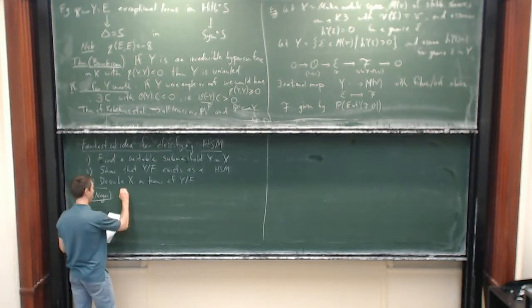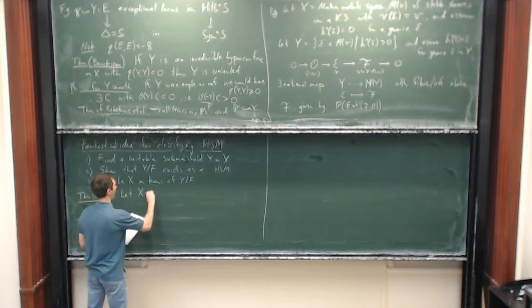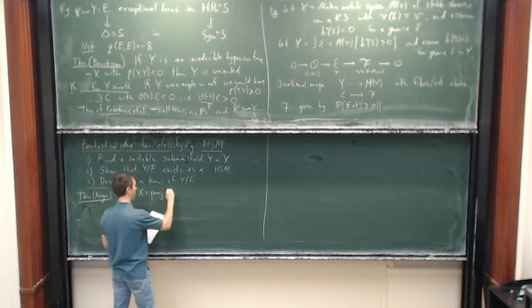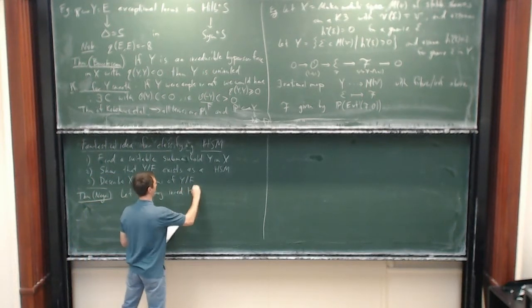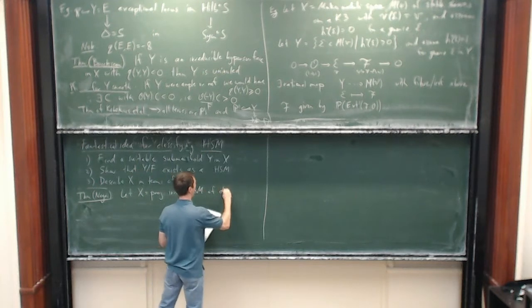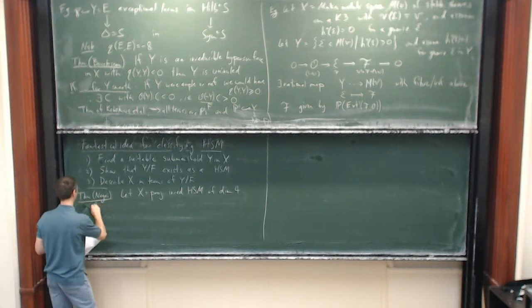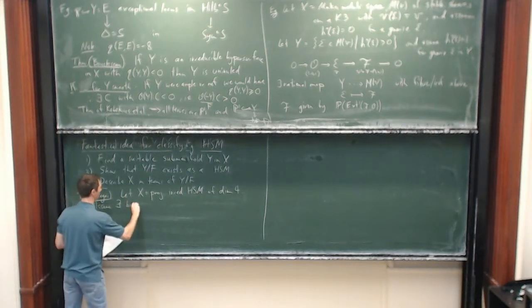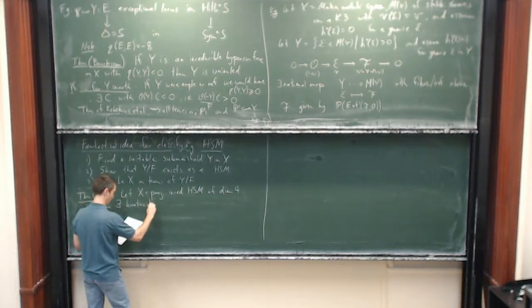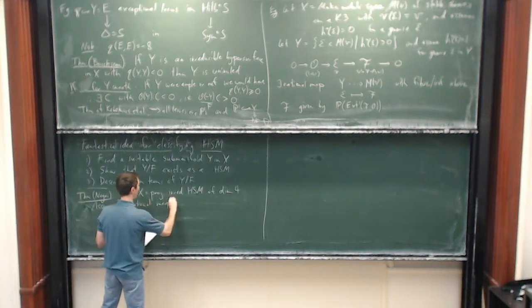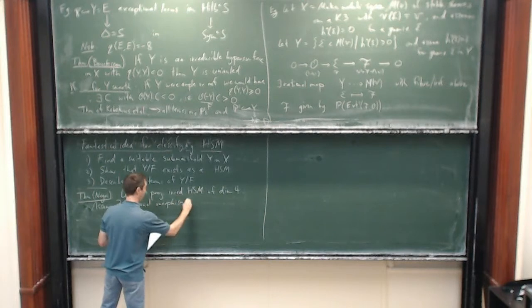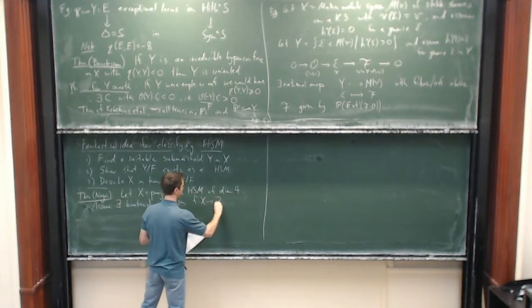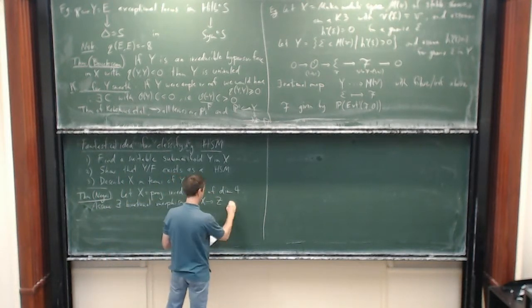So his result says that if you have a projective irreducible holomorphic symplectic manifold X of dimension 4, and assume there's a birational morphism from X down to some lower thing, which is a divisorial contraction.